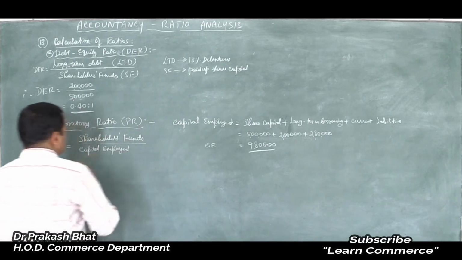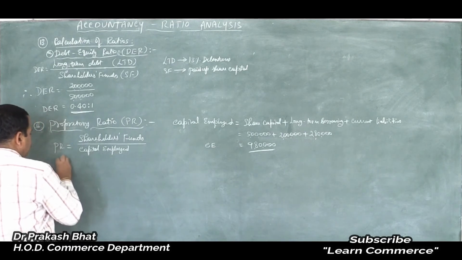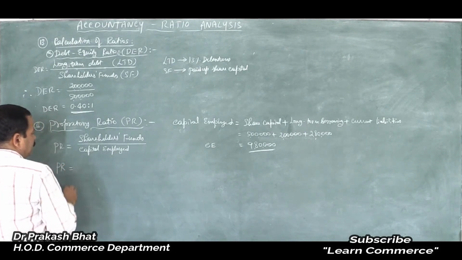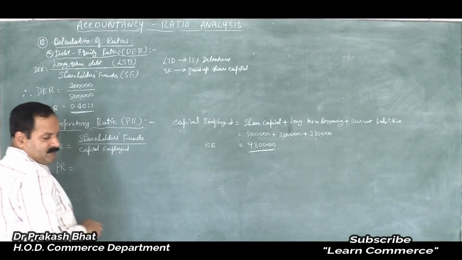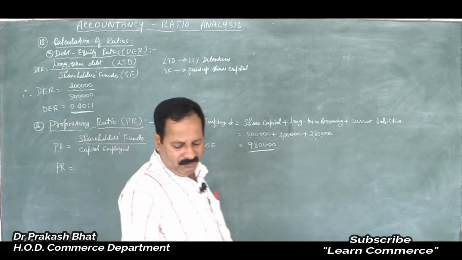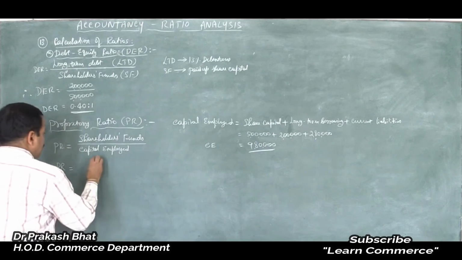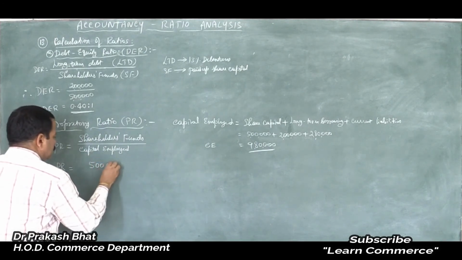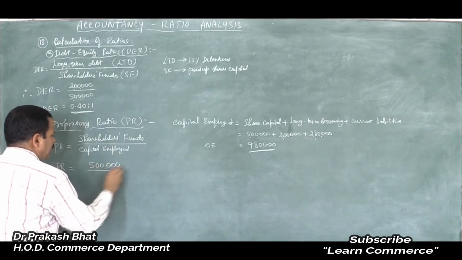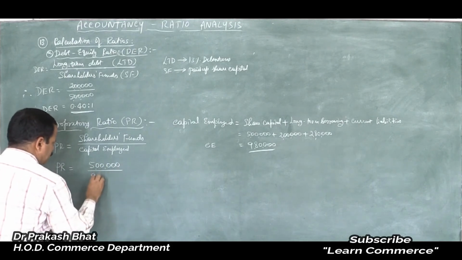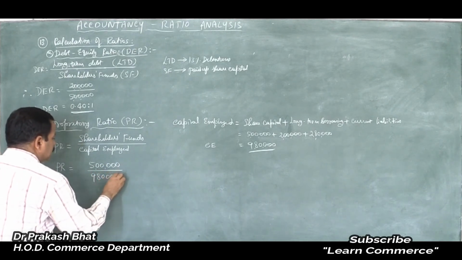So, here substitute the figures. Proprietary ratio is equal to shareholders funds. There are no reserves and surplus, only share capital is there. So, 5 lakh, am I correct? 5 lakh divided by total of that, 9,80,000.